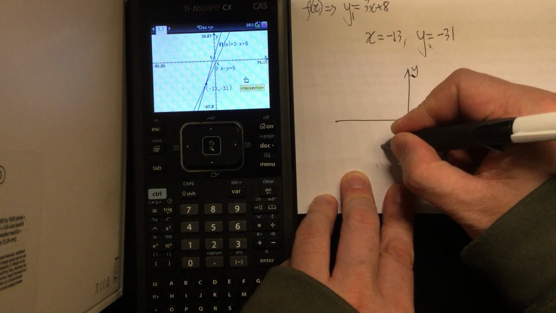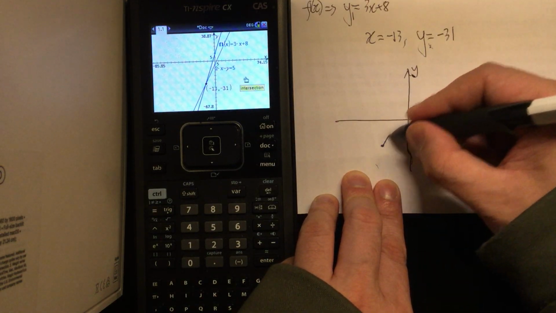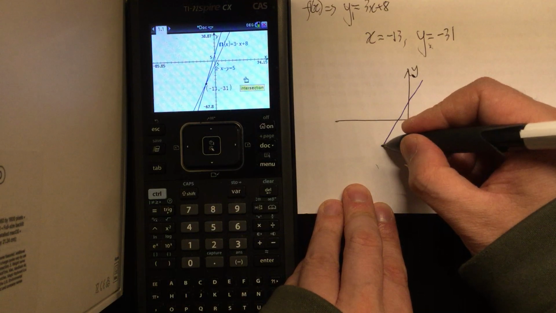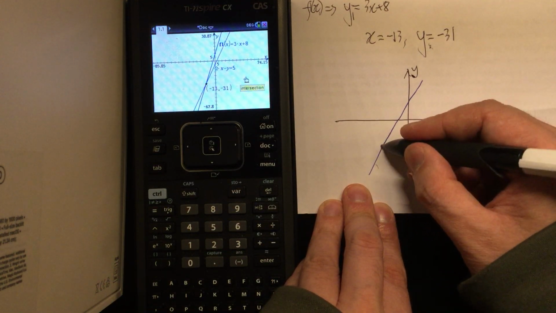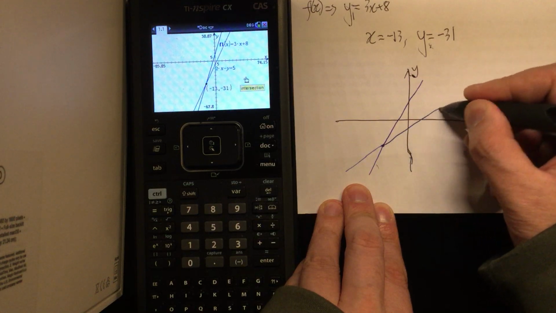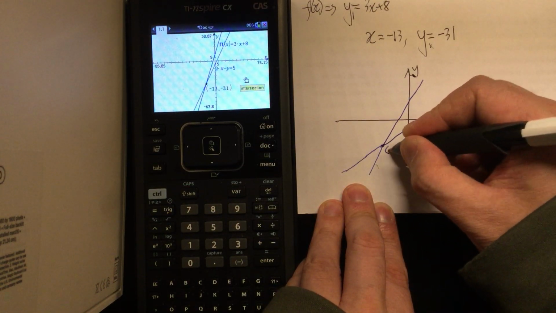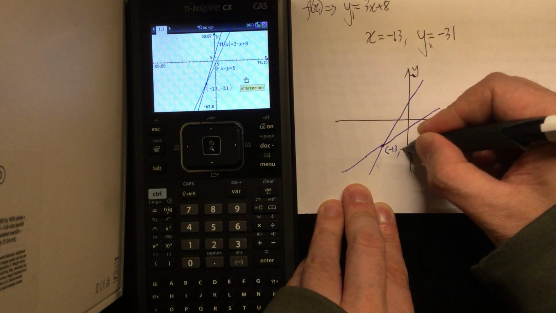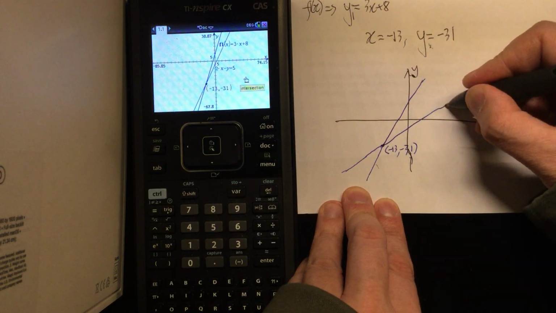It seems to me they intersect somewhere here. It doesn't have to be anything genuinely exact, as long as you get it reasonably accurate, then life is good. This point here, you need to clearly label -31. So you need to do this first.